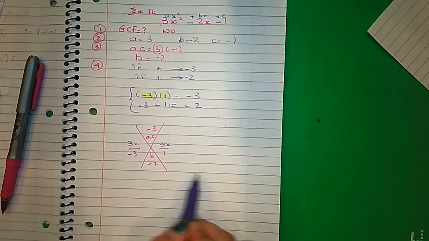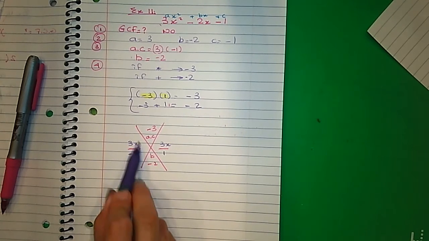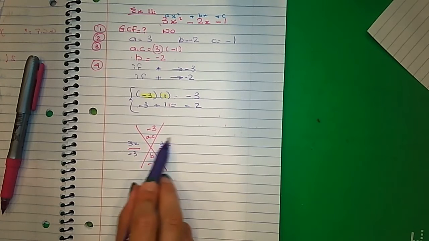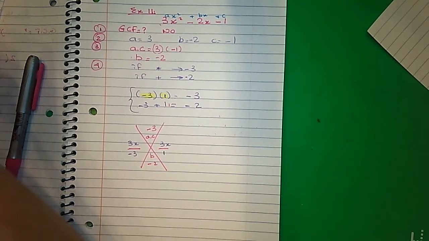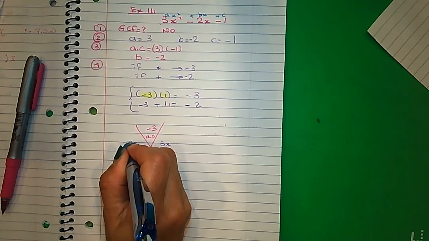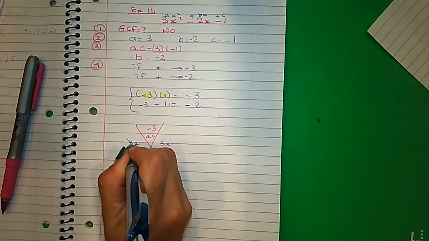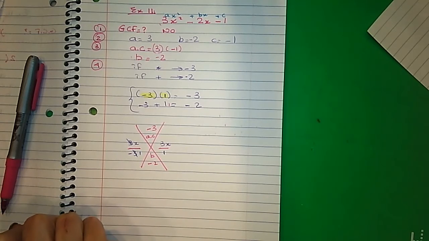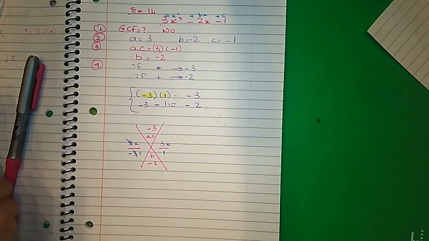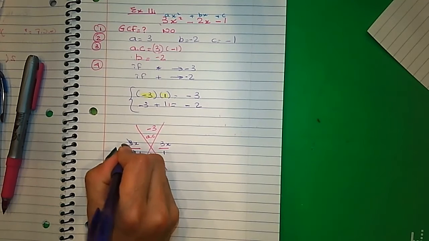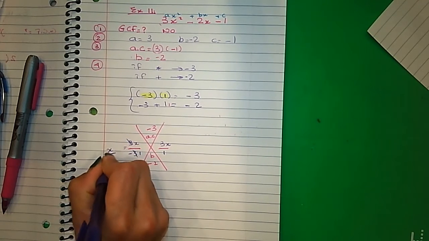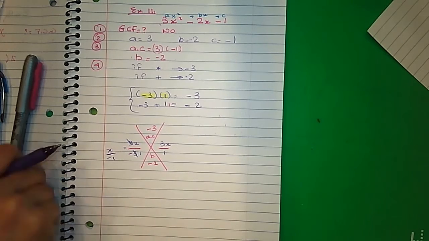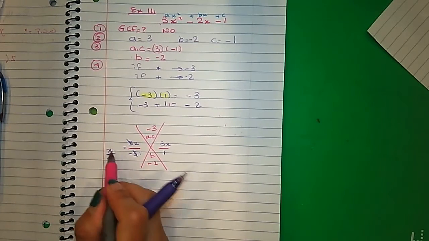Now, before I move on, can I simplify them? Yes. I see that I can divide by 3, and the 3 is crossed out. I will have 1 here because I simplified them. So after it's simplified, it will be x over negative 1. It cannot be simplified any further.